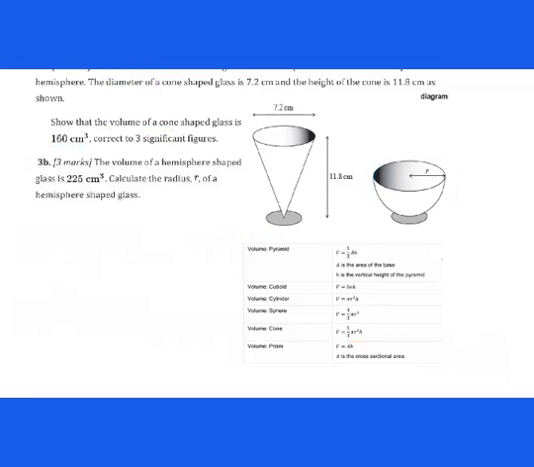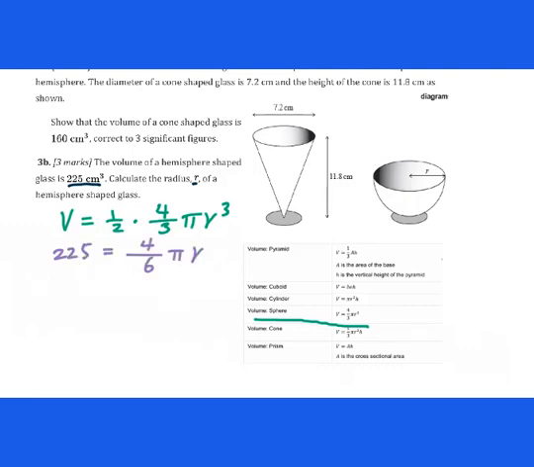Let's go to 3b. The volume of a hemisphere-shaped glass is 225 centimeter cubed. Calculate the radius r of the hemisphere-shaped glass. Volume of a sphere is this. Hemisphere means 1/2 of that. So we have volume equals 1/2 times 4/3 pi r to the third power. We plug in 225 equals 4/6 pi r to the third power.